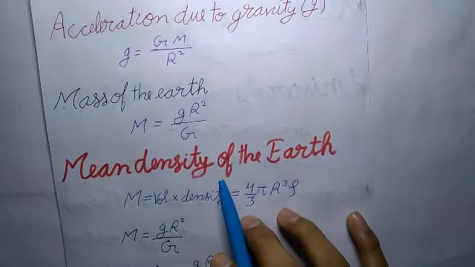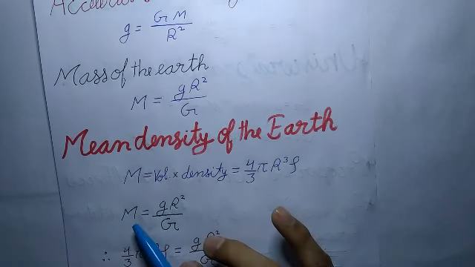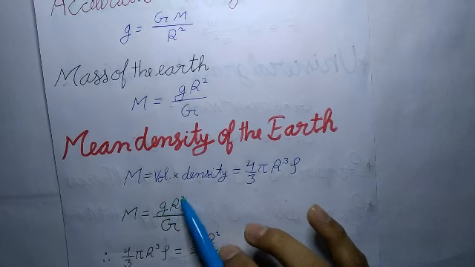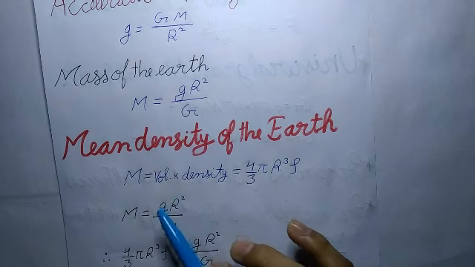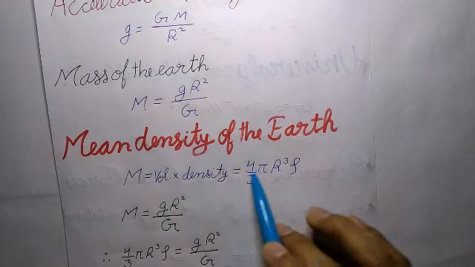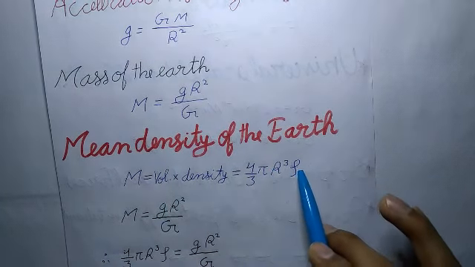Now, mean density of earth. It is given by M equals g R squared upon G. So, if the earth is a sphere of mass capital M and mean density rho, then its mass would be volume into density, which equals 4 by 3 pi R cubed into rho.